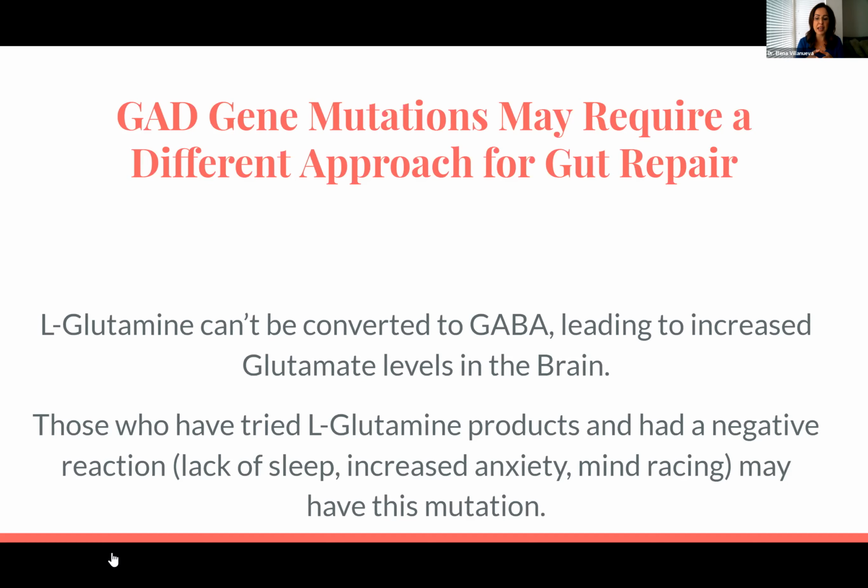The reason that's happening is because the L-glutamine is causing the glutamate levels to rise very quickly in the brain, and those glutamate levels are not able to convert to GABA. So when we have someone with mutations like this, we want to have different approaches to gut repair and avoid, in most cases, products that have L-glutamine in them.